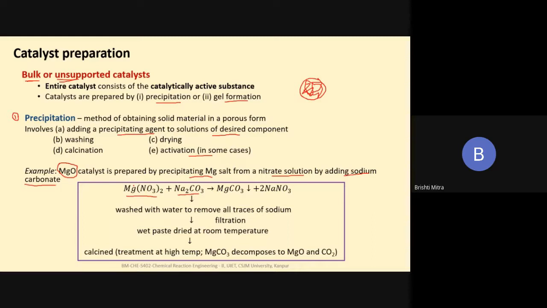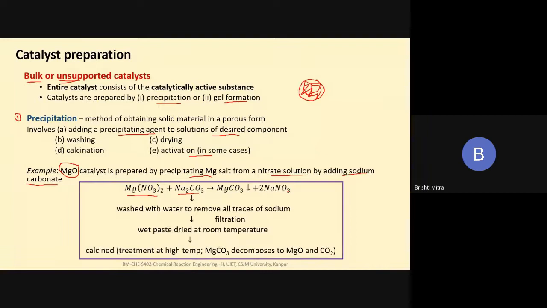Immediately there's a reaction and magnesium gets attached to the carbonate to form magnesium carbonate and sodium nitrate. Sodium nitrate will go into solution, since all sodium salts are soluble in water, and magnesium carbonate essentially gets precipitated. This is my precipitate. Then you filter it out. You take this magnesium carbonate and wash it with water to remove all traces of sodium.